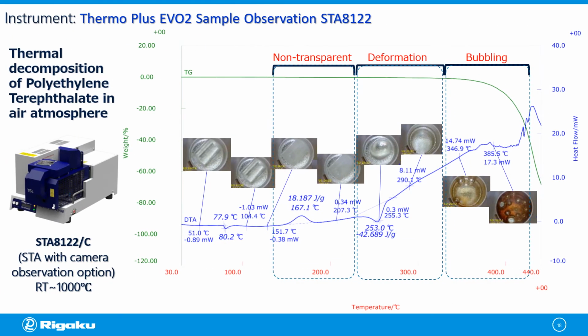Using the sample observation STA, we also measured the PET polymer in dry airflow from room temperature up to more than 400 degrees centigrade and observed changes in color and shape during thermal events such as crystallization, melting, and combustion, which can be observed in real time.